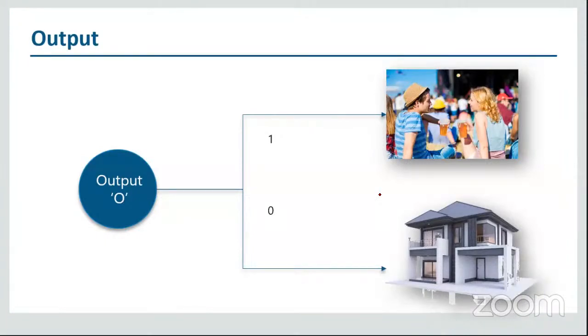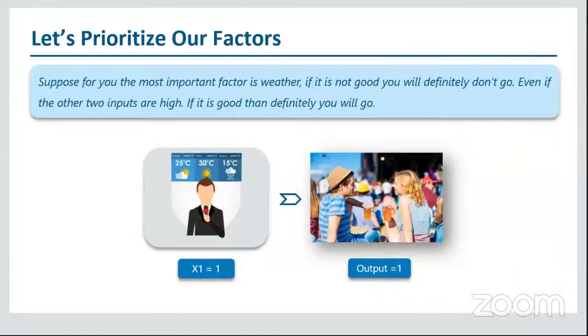You are not going to the beer festival. If the output is 1, you plan to go and enjoy the beer festival. How does this actual calculation work? Let's see this.